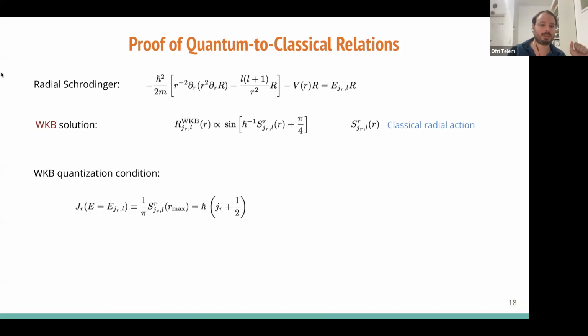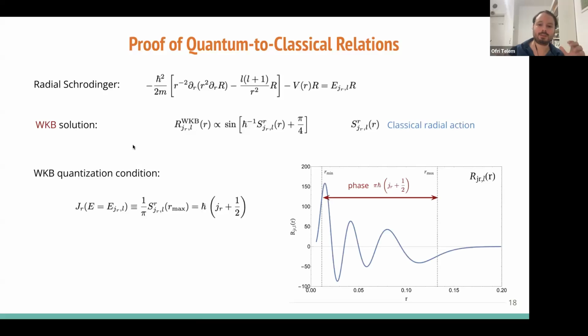And there's a WKB quantization condition, which tells me that the phase accumulated between the two classical turning points is equal to pi h bar times J_r. J_r is the number of nodes of the wave function plus a half. And all I need to do is differentiate this quantization condition and I'll get these identities.